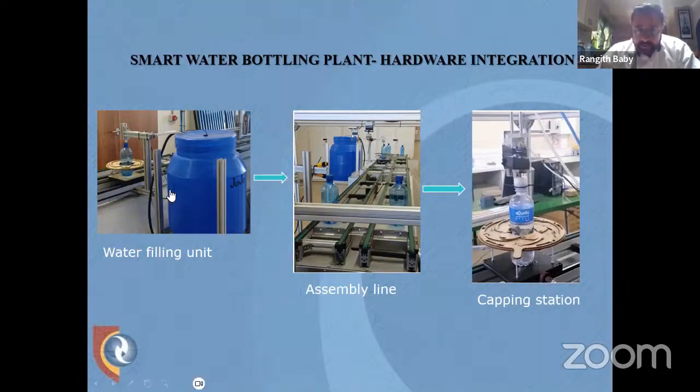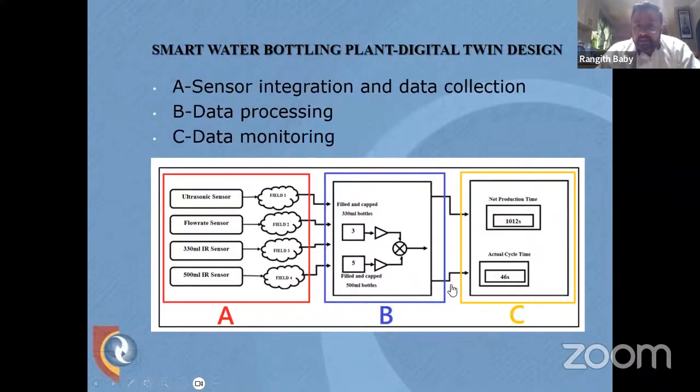So the water filling unit and the assembly line are driven by PLCs, while the capping station is run using a Festo arm, which is used to cap the different bottles. So once the physical system was set up, we then went about designing what is known as a digital twin for the very same.